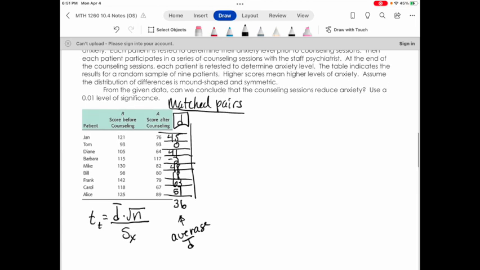Okay, so when we do a hypothesis test on matched pairs, we're always going to set up our null hypothesis as mu sub D, and that little d reminds us that we're doing matched pairs. We're going to use the notation mu sub D, and that little d represents the differences between the matched pairs.